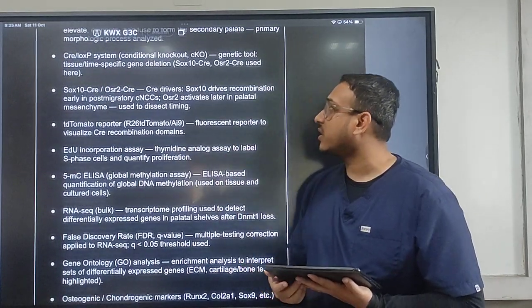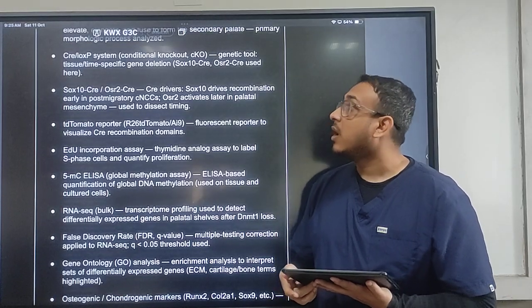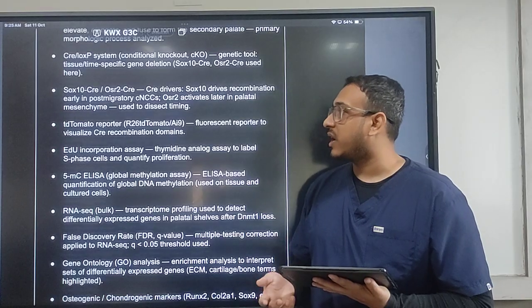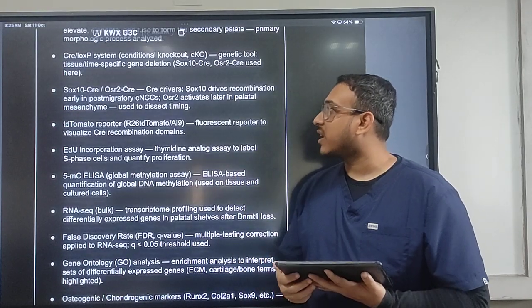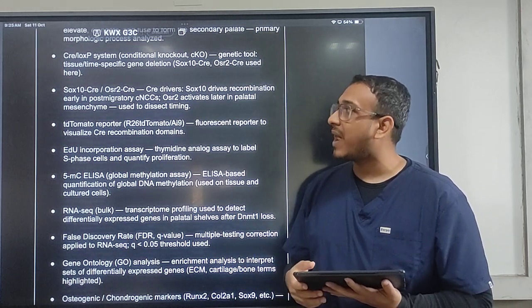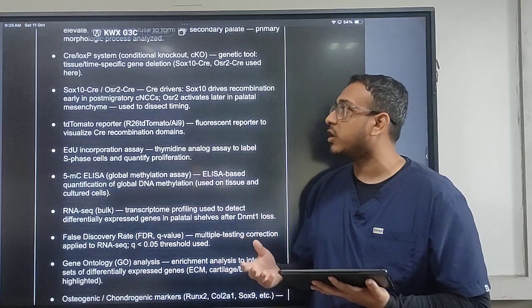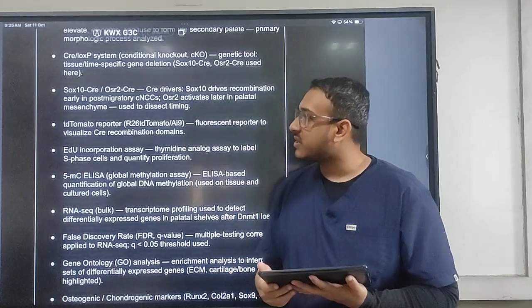Sox10-Cre drives recombination in early post-migratory cranial neural crest cells. Osr2-Cre activates later in the palatal mesenchyme and is used to dissect the timing of palatogenesis.